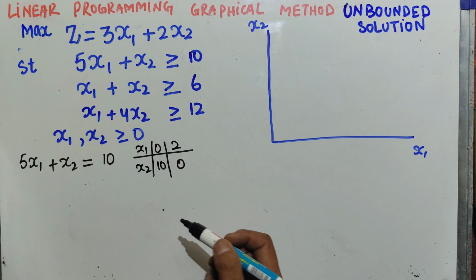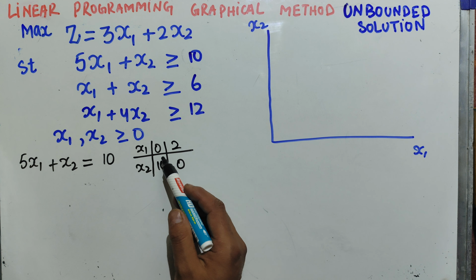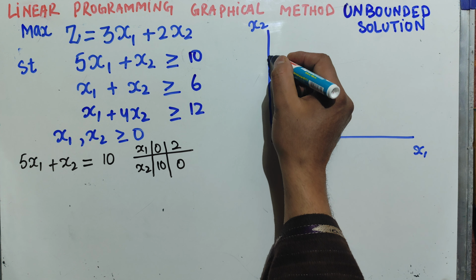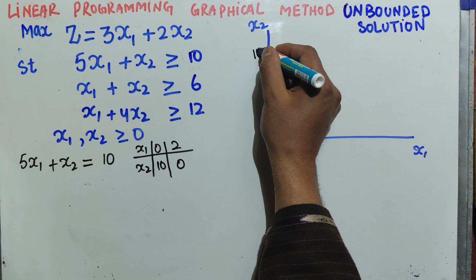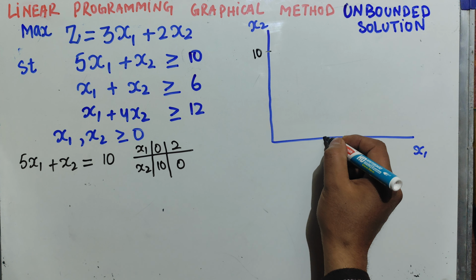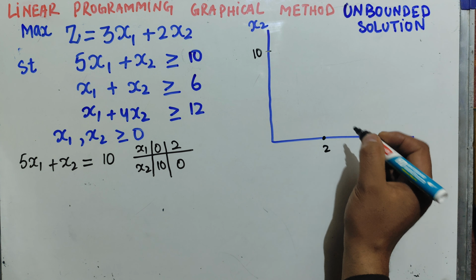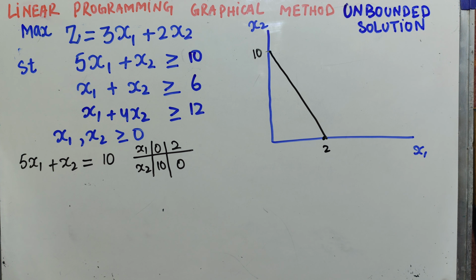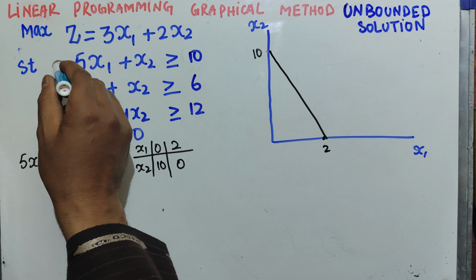Let us say this point denotes 10, and this point is 2. This is for the first line.